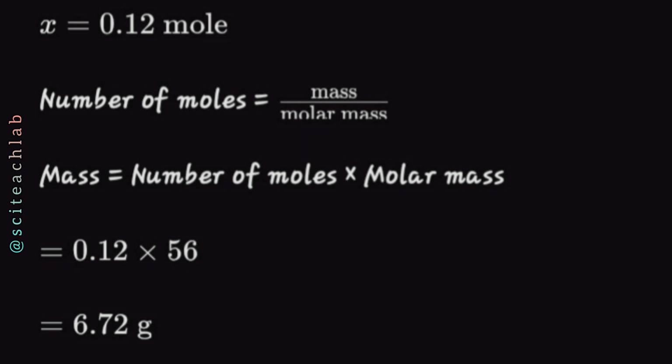The number of moles we just found, 0.12, times the molar mass of potassium hydroxide, which is 56. So 0.12 times 56 will give you 6.72 grams of potassium hydroxide. So that's the answer, 6.72 grams.